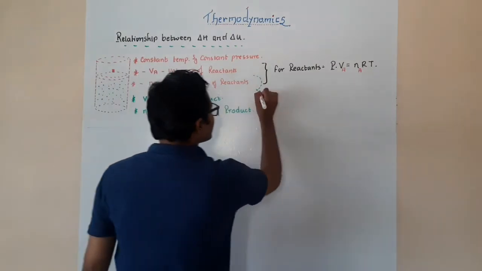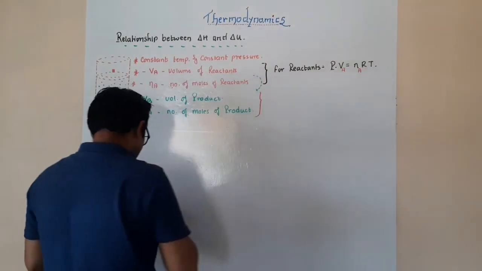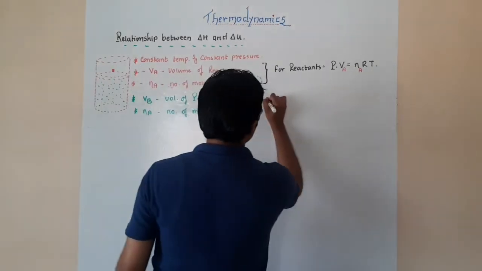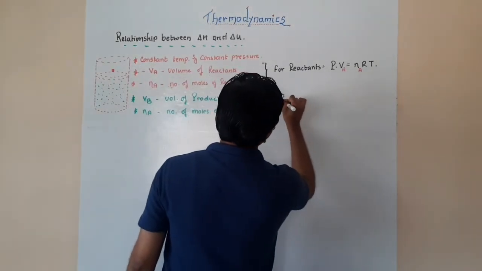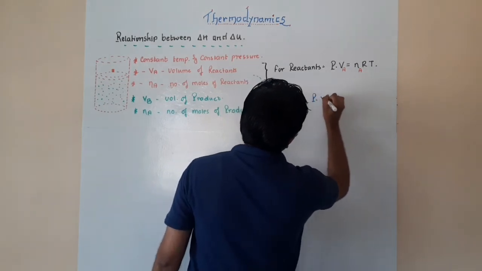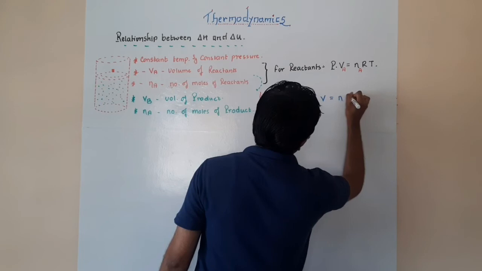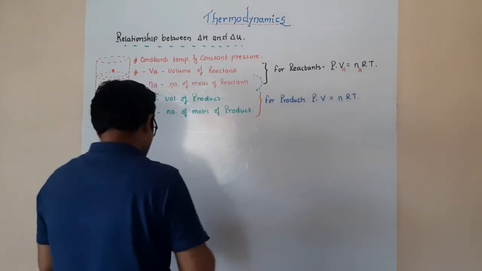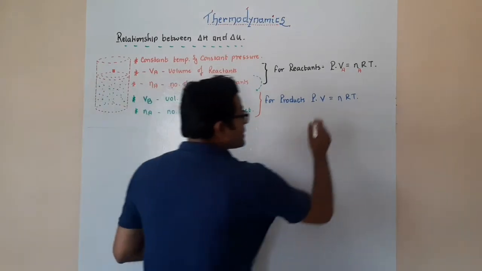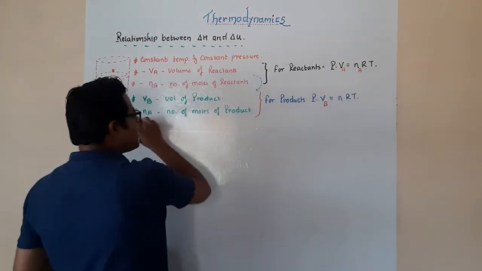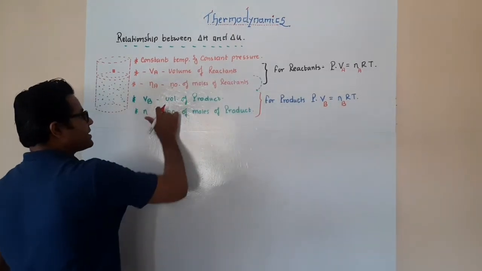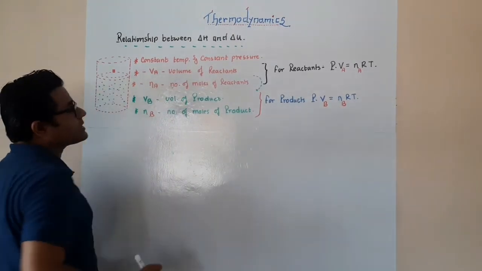Now applying the same to the products, we have PV is equal to nRT. But again, for the products, the volume is VB and the number of moles is going to be NB. I'm extremely sorry, I should have written it here as NB, right?